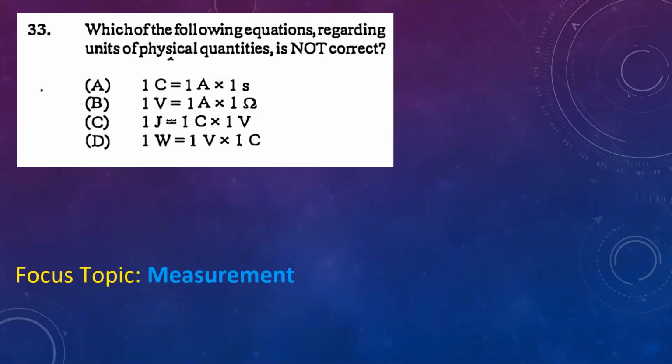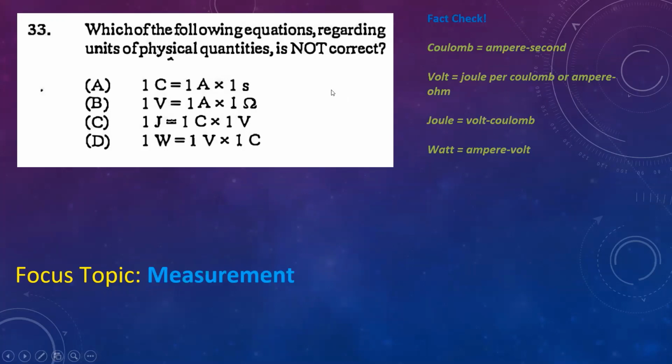Number 33, which of the following equations regarding units of physical quantities is not correct? So you really have to know your units now. Coulomb is actually equivalent to the ampere second. The volt is equal to joule per coulomb or ampere ohm based on the equation.